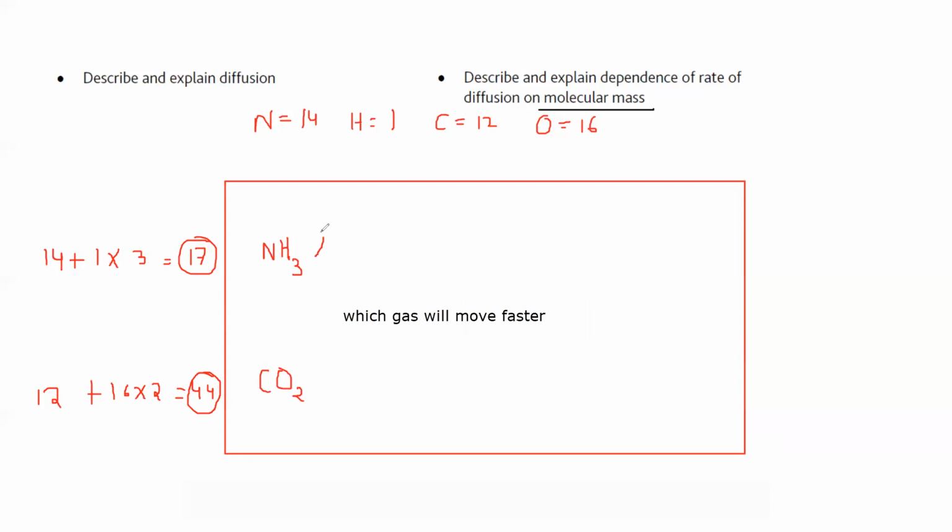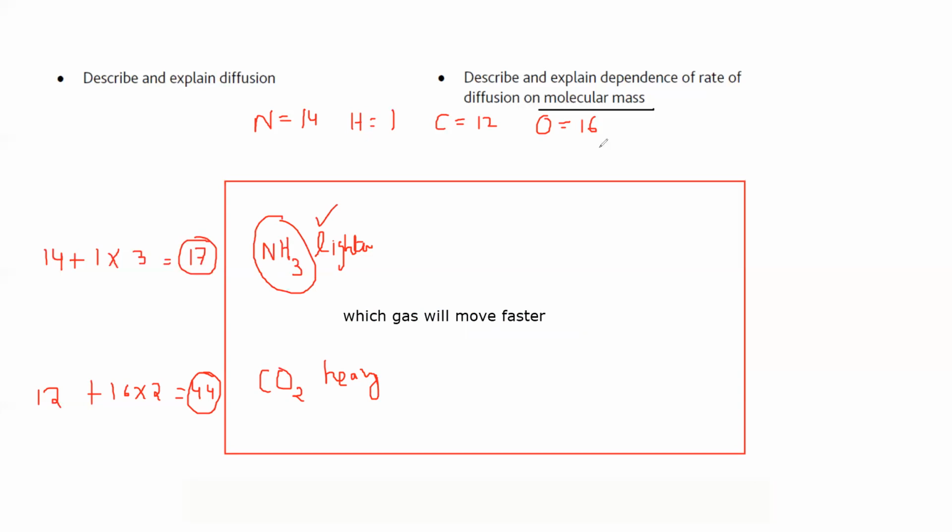So ammonia is a lighter gas and carbon dioxide is a heavy gas. So which gas will diffuse faster? In this case, ammonia will diffuse faster and carbon dioxide will move slower. So lighter particles can diffuse faster or move easily as compared to that of heavy particles.